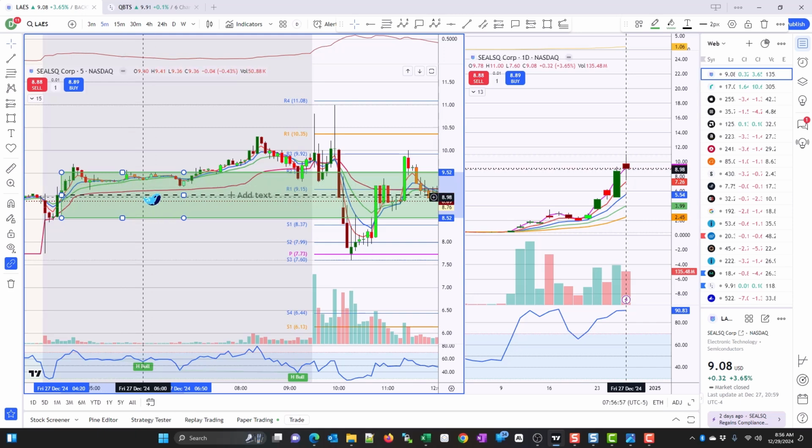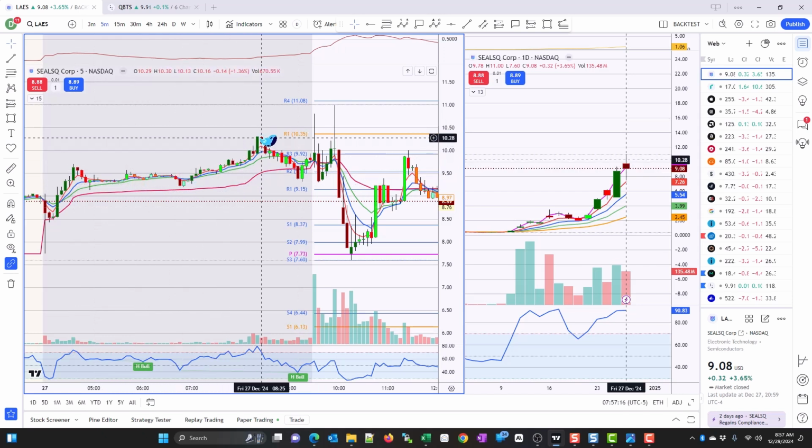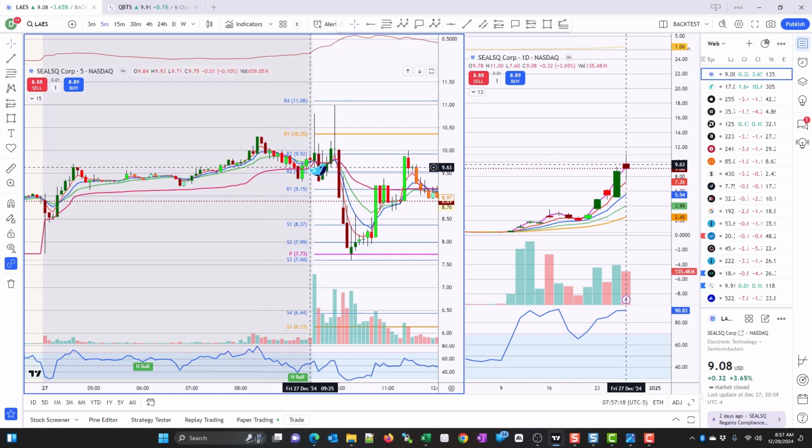We were bullish above 952, which would have worked pre-market around here, up to the top and then down. But anyway, this is 952 here. This pushed up, pulled back, pushed up again, came back down, and when this actually broke the 952, that was our entry.